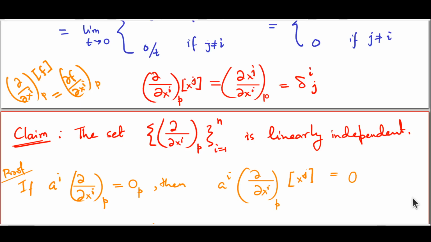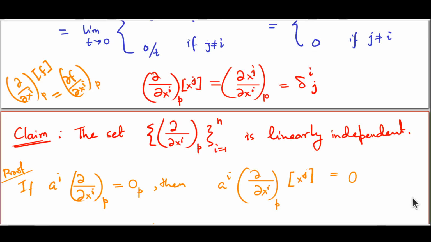If this is 0, then of course this gives you 0 on every function. That's what this vector being 0 means. In particular, it will give you 0 acting on the function x^j.